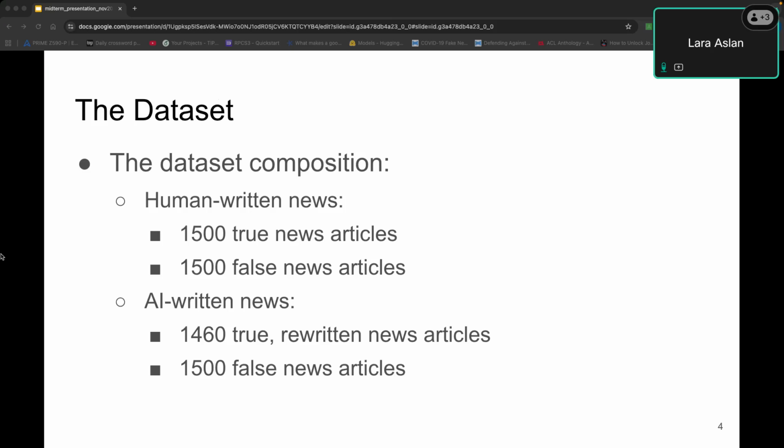The AI-written dataset also included 1,500 false news articles primarily generated using the GPT 3.5 model. The reason there is less AI-rewritten true news is that when checking the dataset, we noticed that some of the rewritten articles contained unreadable text, and due to time constraints, those articles were simply deleted.